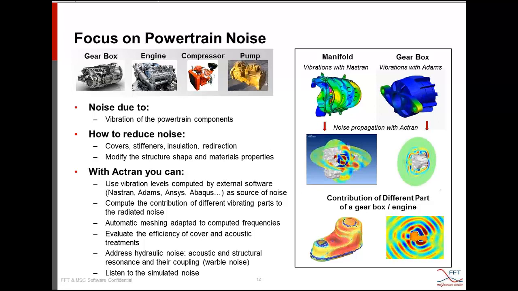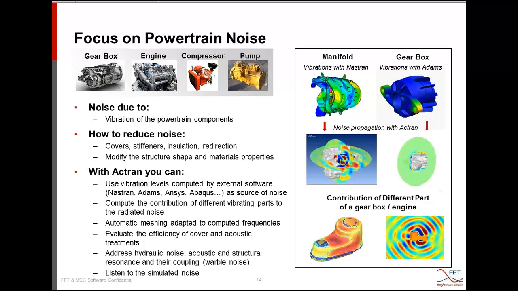About the powertrain noise, this is due to the structural vibration of different components. It can be reduced by adding covers and stiffness, as well as by modifying materials' properties and the structure shape. Actran can be used for predicting the noise radiated in far field, namely far from the source.